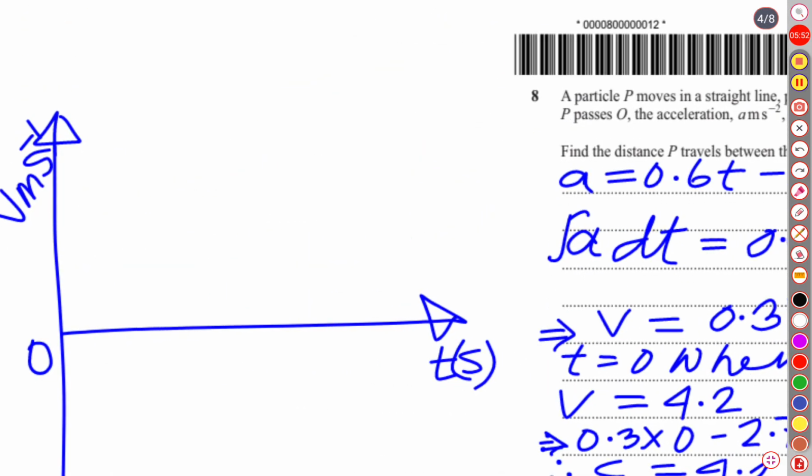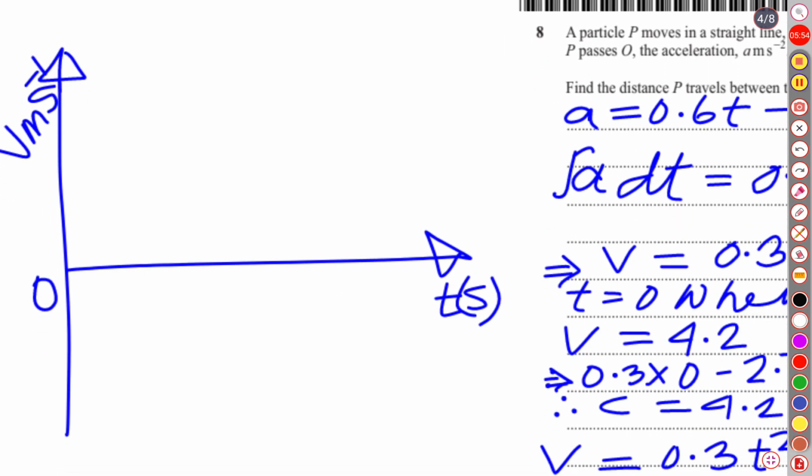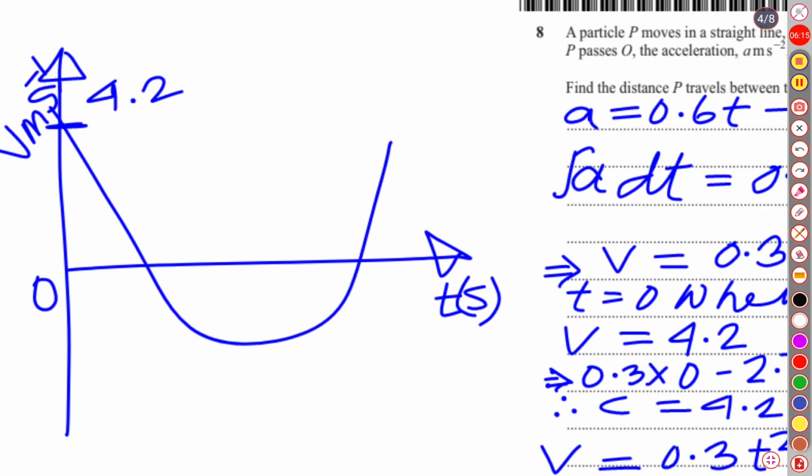So let us write over here, suppose this is 4.2, and the quadratic curve is positive, so it will look something like this. Okay, and at this point and this point our velocity was 0.